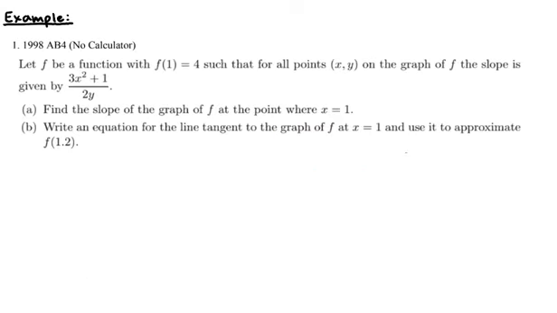Okay, here we have the first couple of parts of a free response question from 1998. A function with f of 1 equals 4. That means that the point (1, 4) is on the graph of f. And for all points (x, y) on the graph, the slope is given by dy/dx.